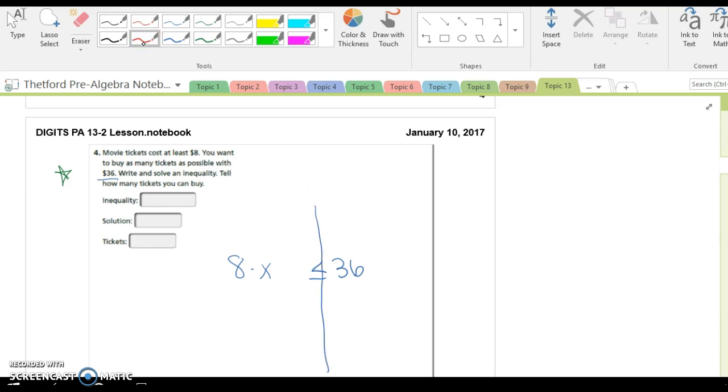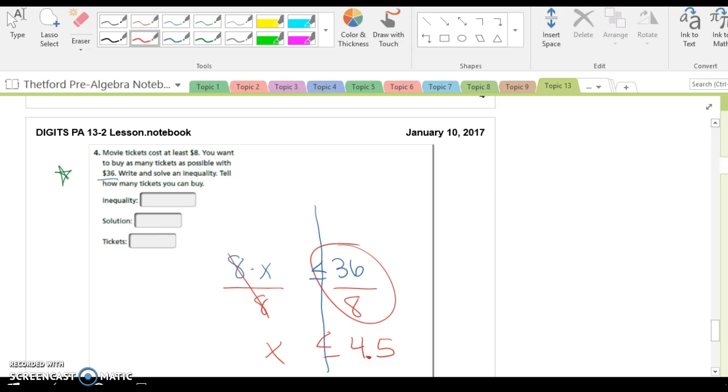So right now I'm multiplying by 8. So let's divide by 8. And this does not go in there evenly. And so it's okay to have a fraction or a decimal. And in this case, it's going to be 4.5 tickets.